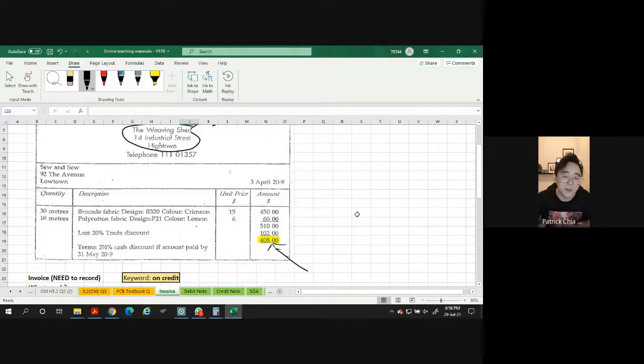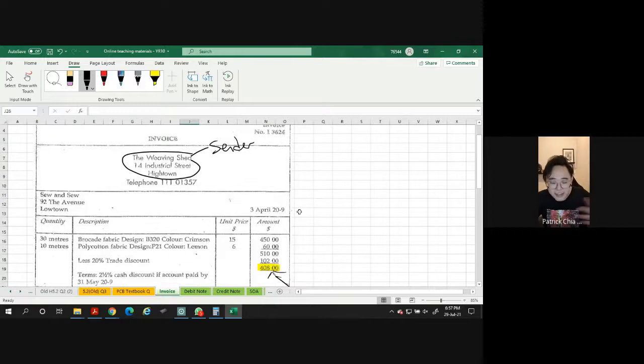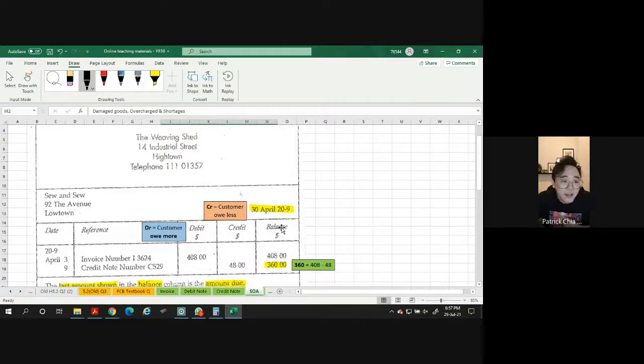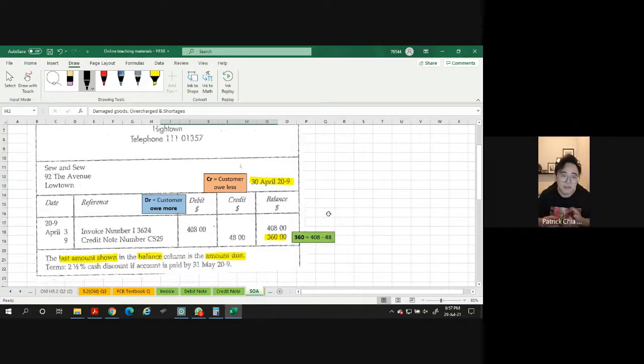It's very detailed, and it also tells them when to pay, and if they pay by a certain date, they can get a cash discount. The statement also has that, but the very clear difference is what they bought: quantity, description, and unit price. Whereas the statement of account has all the invoices and all the credit notes inside.